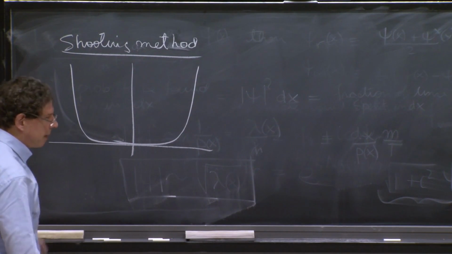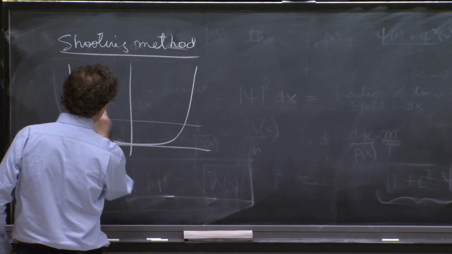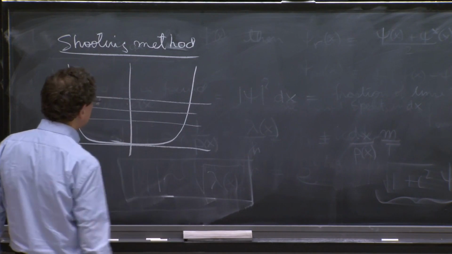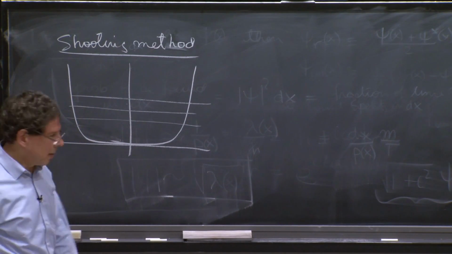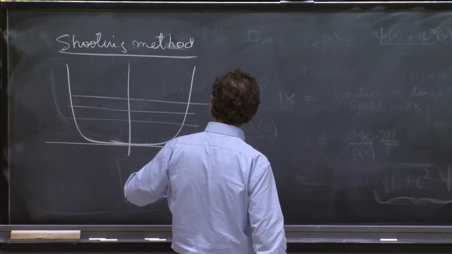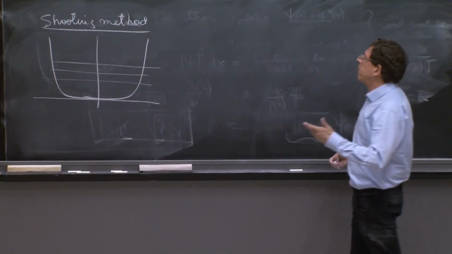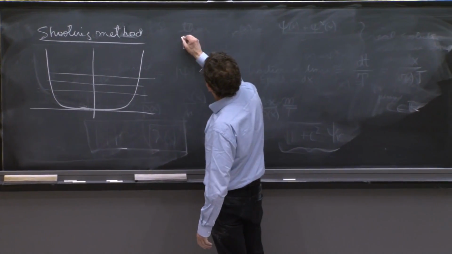Okay, it looks a little better now. And you want to find energy eigenstates. You do the following. You say, well, the normalization of the energy eigenstates is not so important. Let's look for even states.